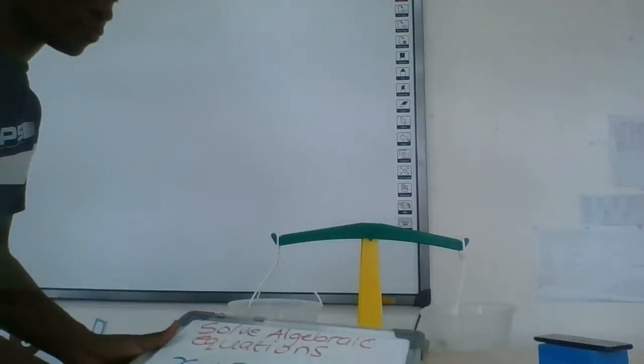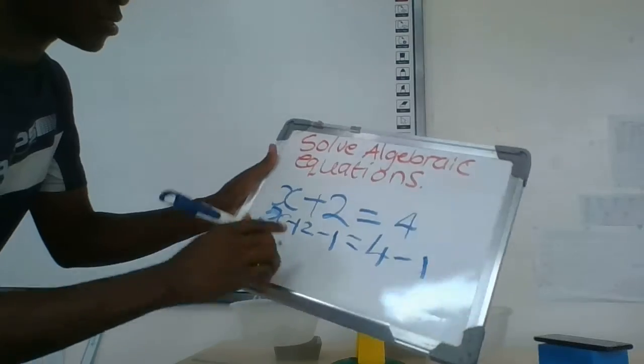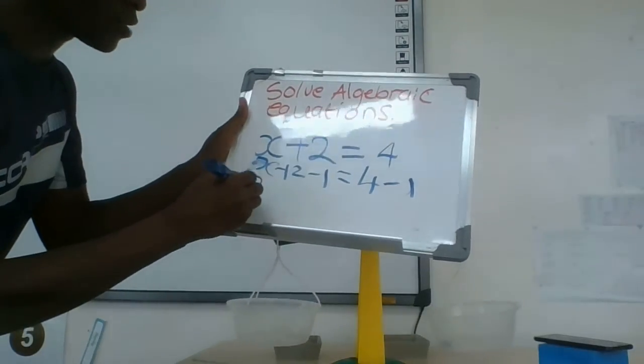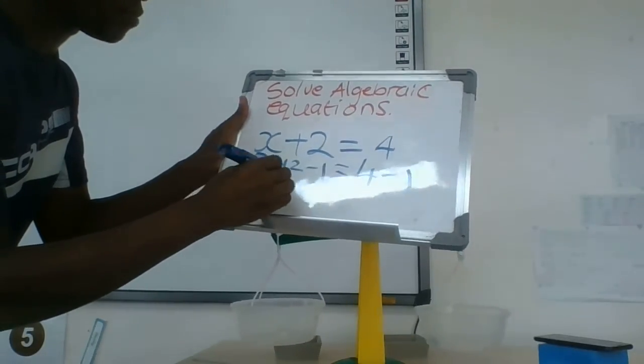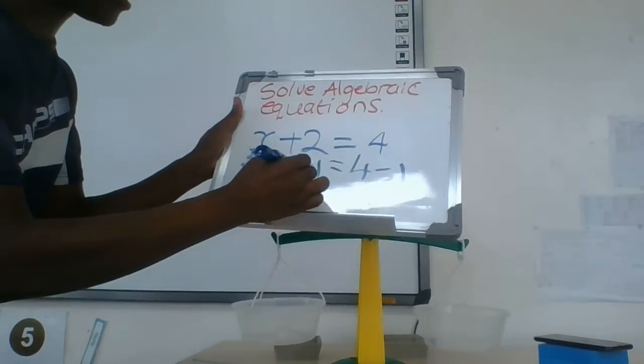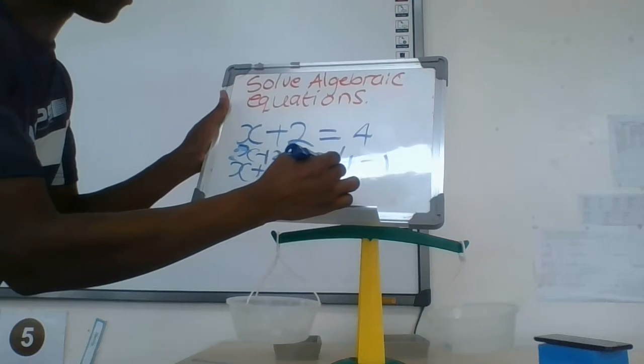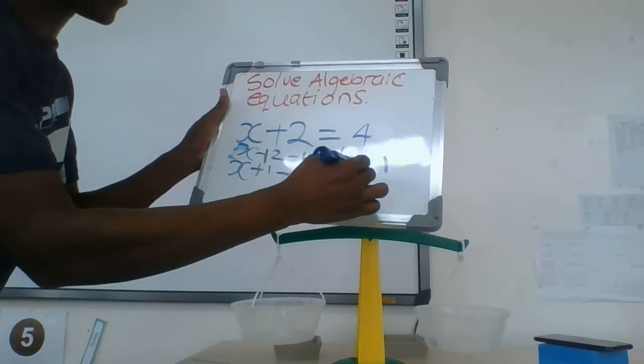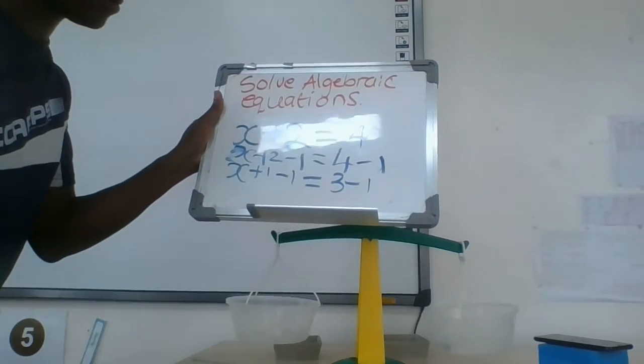So that can be written as x plus 1 minus 1 again is equal to 3 minus 1.